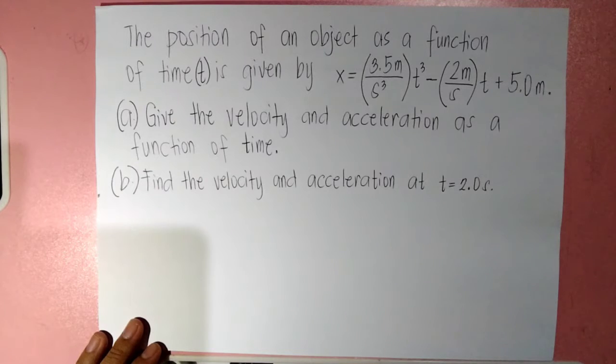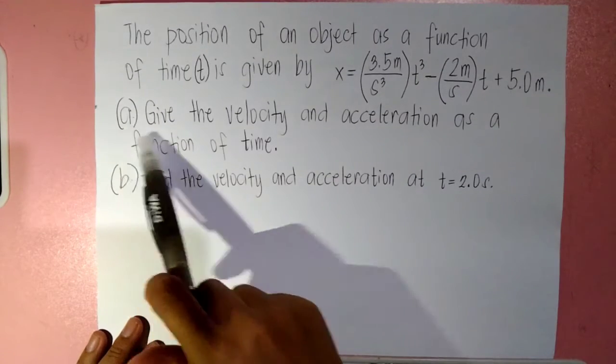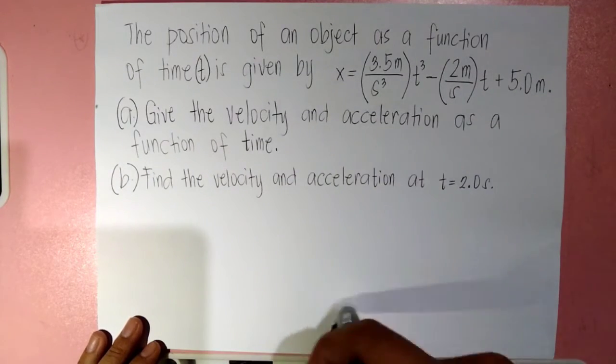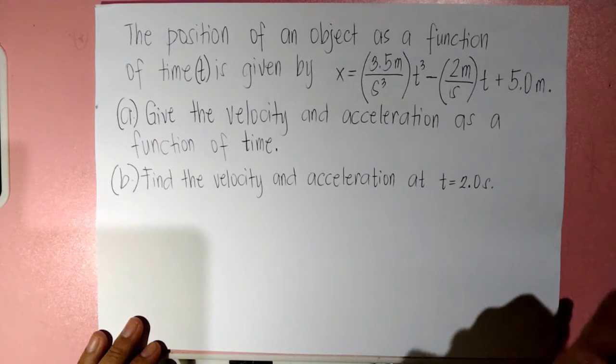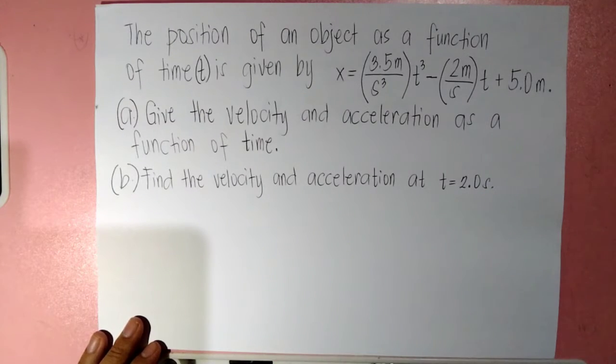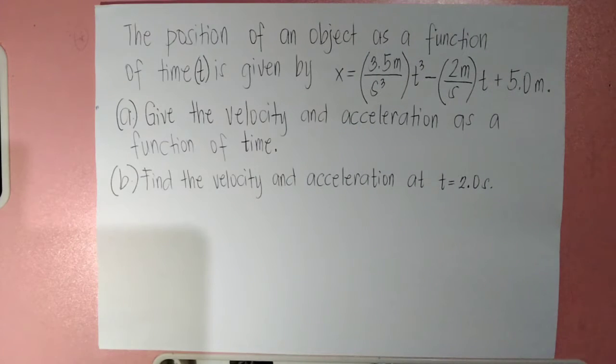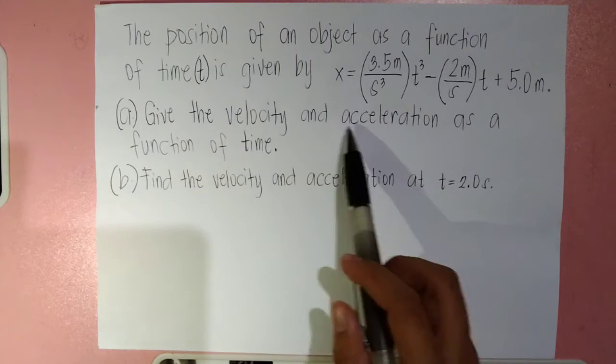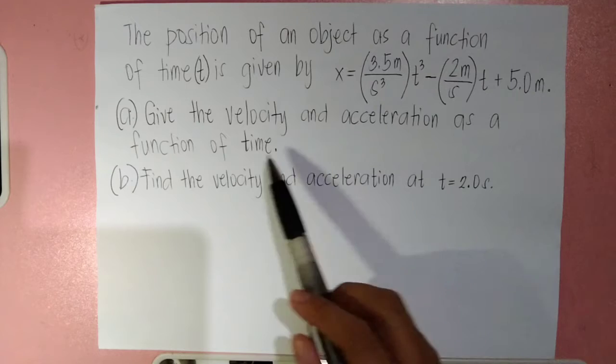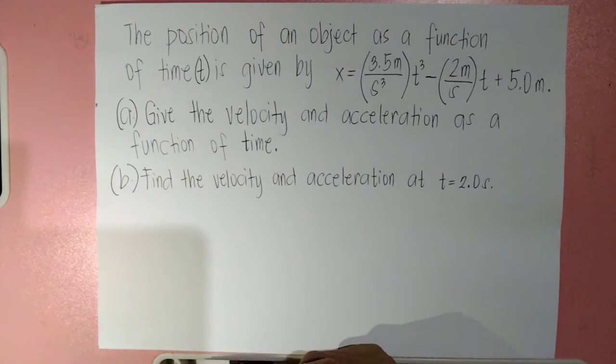So what we are asked for in letter A is the velocity and acceleration as a function of time, meaning we will provide equations for both the velocity and acceleration in which time is still unknown.